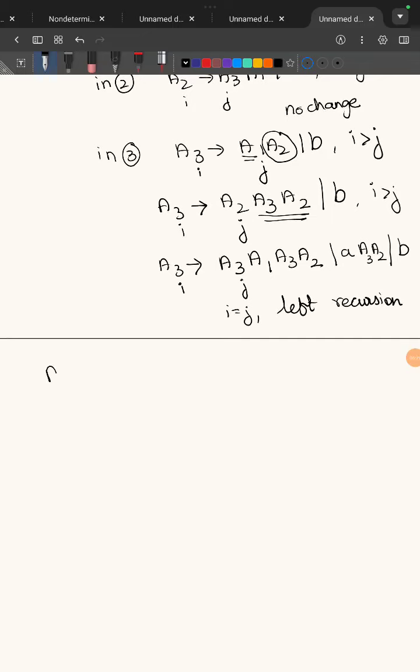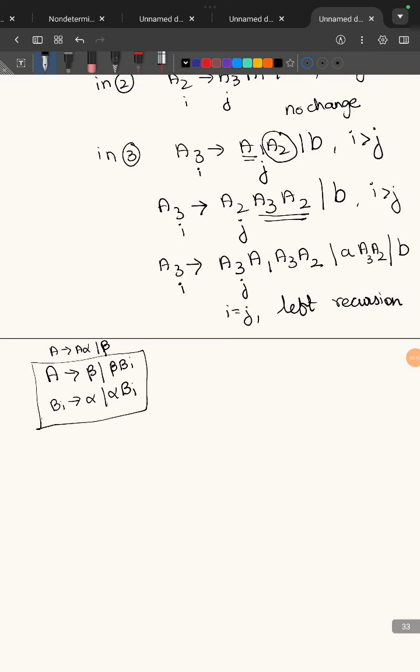Using this formula: if the given rule is A deriving A alpha bar beta, we split it as A deriving beta, beta followed by B, so this B will derive alpha bar alpha B. This is how we will remove the given left recursion.